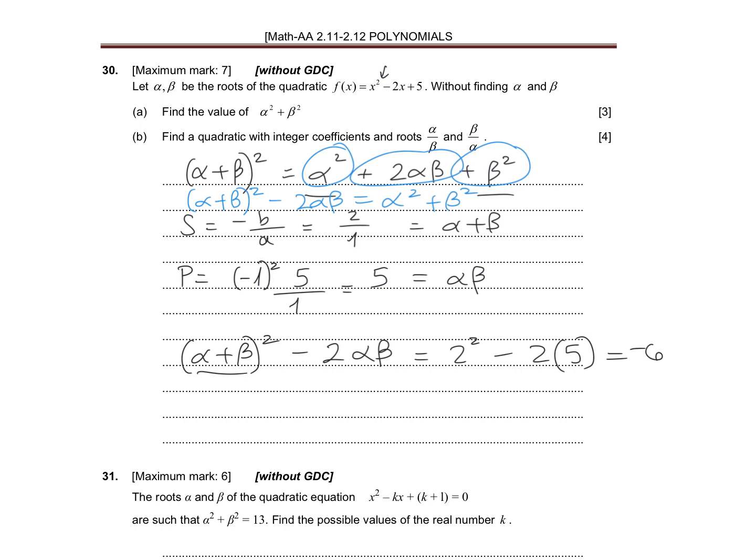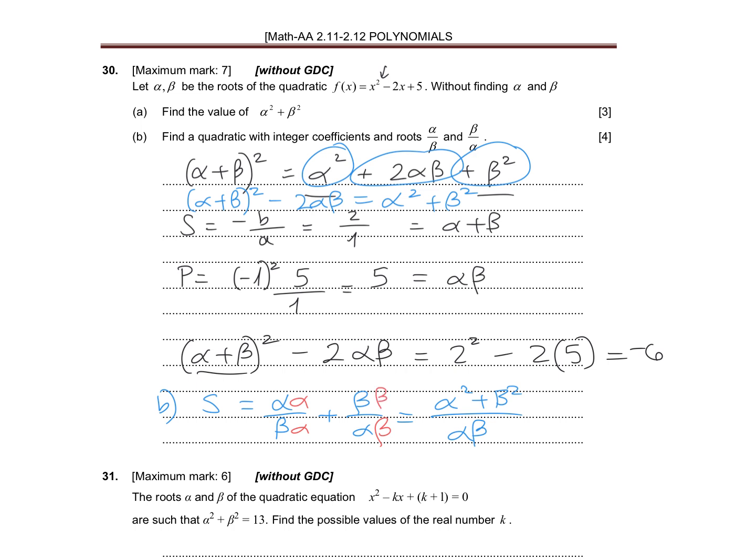So B kind of has nothing to do really with A. So if we want to find a quadratic with integer coefficients that has the roots alpha over beta and beta over alpha, we can find the sum of those, and that's going to be alpha over beta plus beta over alpha, which is going to be alpha squared plus beta squared over alpha beta when we make the same denominator, okay?